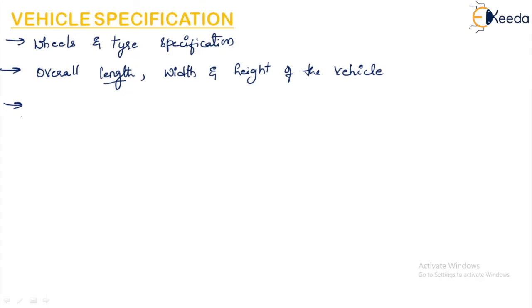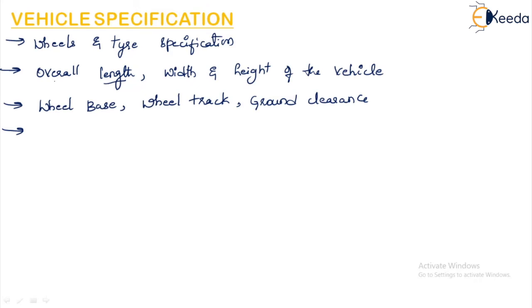Then we have wheelbase, wheel track and ground clearance. So here the type of wheels or number of wheels used.